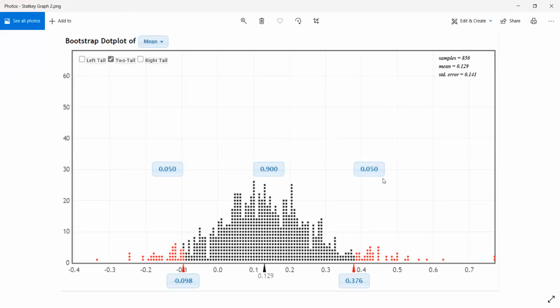But the answer is do not reject, because you had to add these 2 numbers together to get 0.1, and that's bigger than 0.05, bigger than the level of significance, so you would not reject. That's correct. All right, good. Any questions about that? All right, so let me pick another one of these. This one.